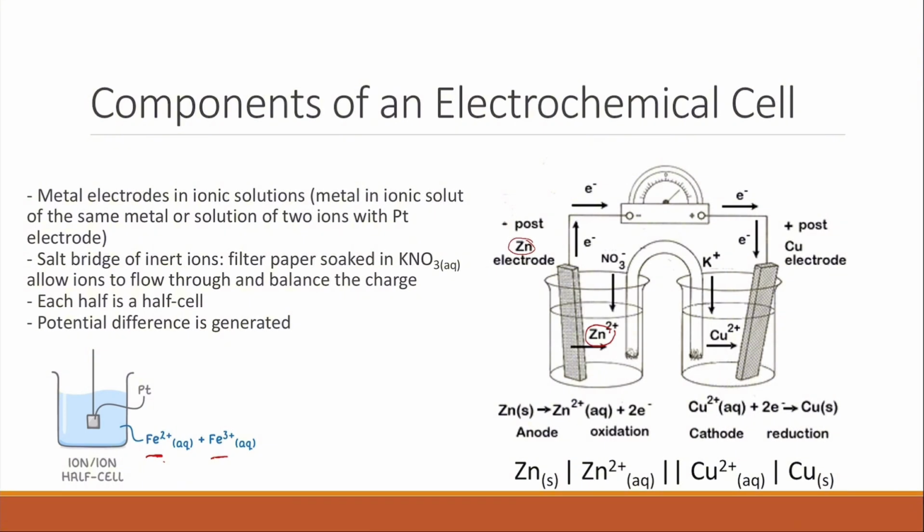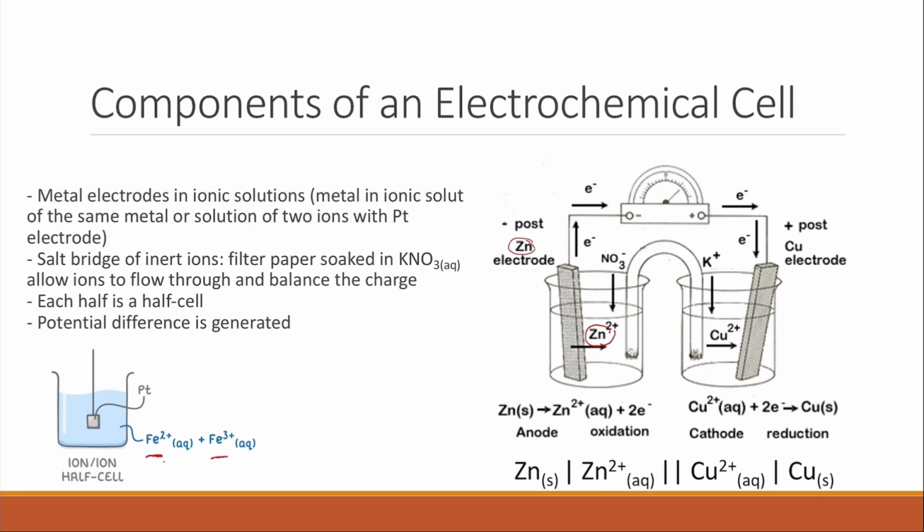By inert ions, we mean ions that will not react with either the first half cell or the second half cell. Basically, they can do substitution reactions, but they don't actually undergo any redox reaction with any of these. Something like potassium nitrate, for example. So potassium nitrate ions will not undergo any redox with any of the ions in either of the half cells.